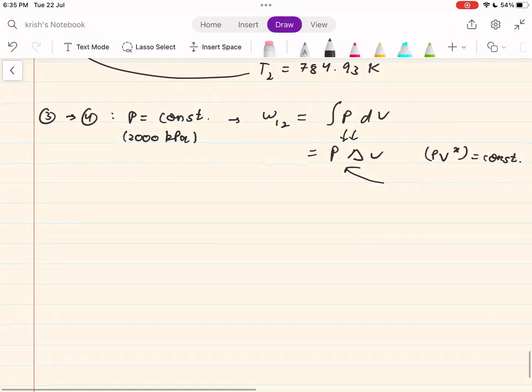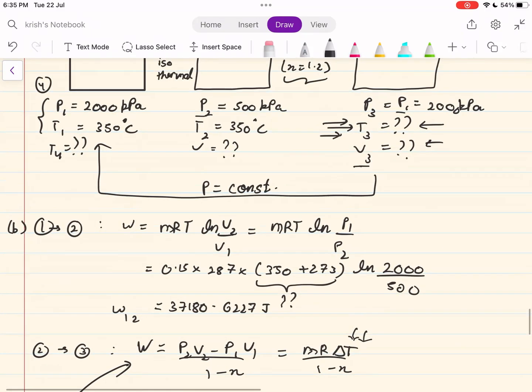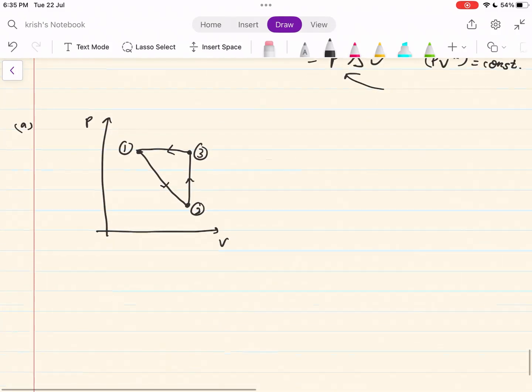As for your graph, it will look something like this. Why is that? Let me explain. One to two, it is an isothermal process, right?